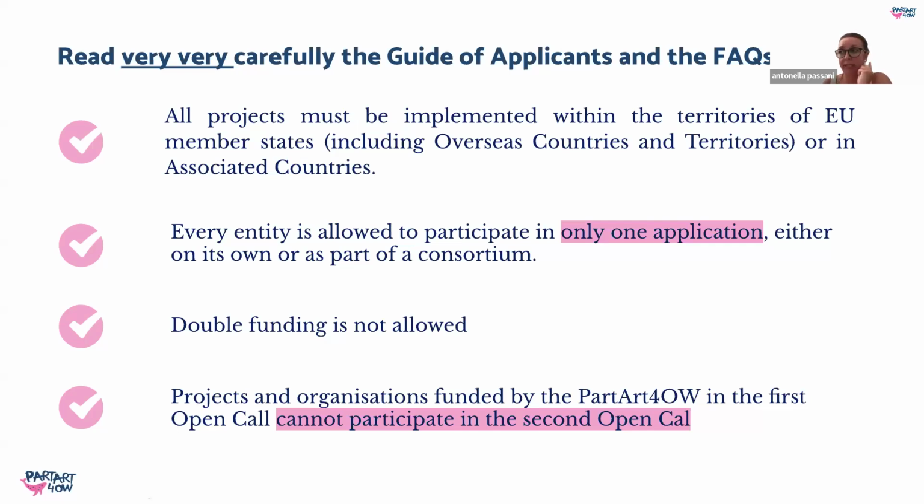Every entity is allowed to participate in only one application, either on its own or as part of a consortium. From the previous call, we know this is not easy for a large organization, a large university with different departments, or a research center that may have different locations. So we ask you to check internally if there are other colleagues participating in the call, and you have to select only one application. Double funding is not allowed.